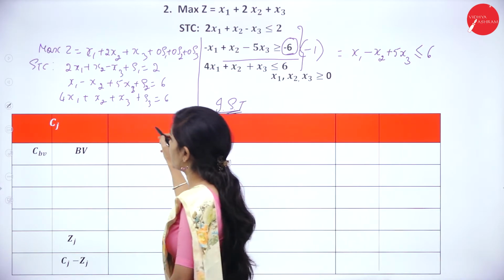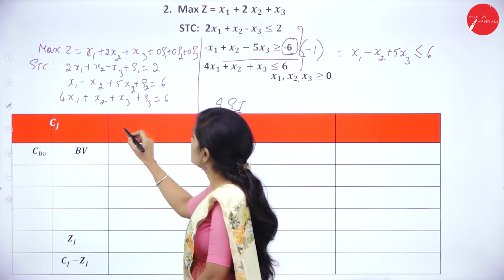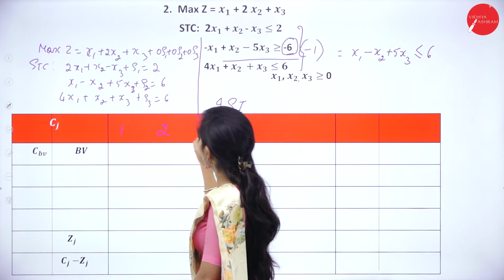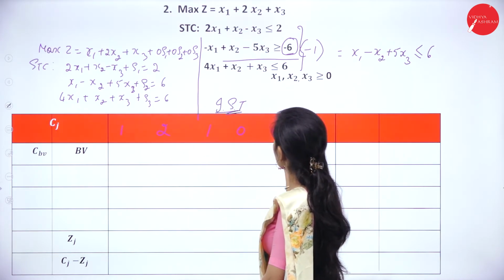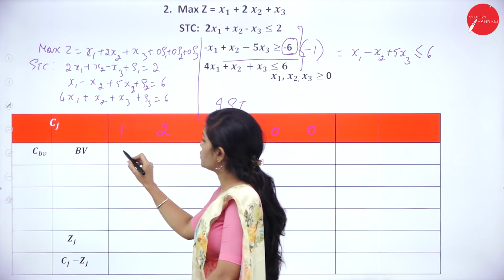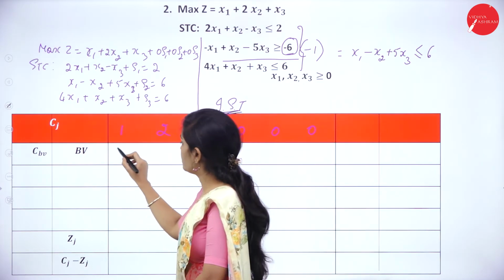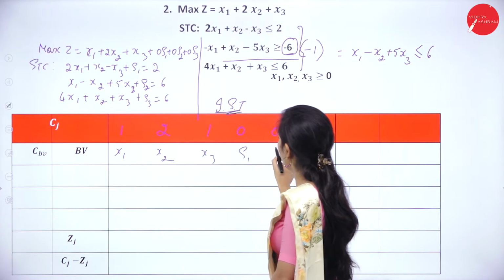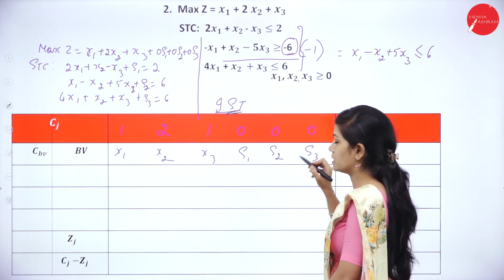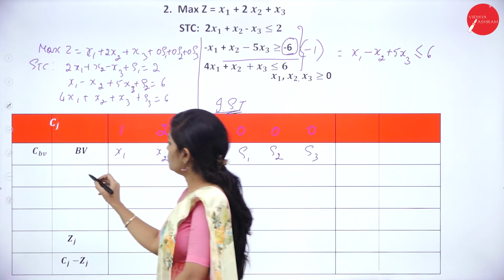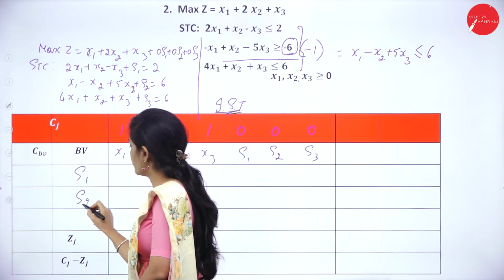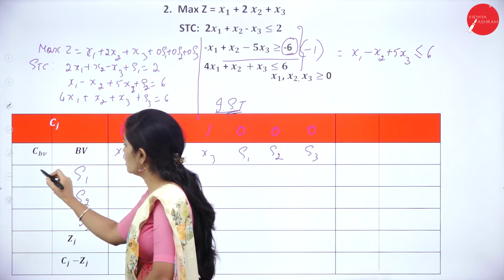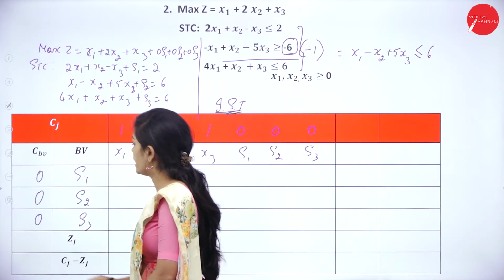As usual, just write the coefficients of the objective function, that is 1, 2, 1, 0, 0, 0, and the basic variables x1, x2, x3, s1, s2 and s3. Now we have the slack variables s1, s2 and s3, with coefficients 0, 0 and 0.